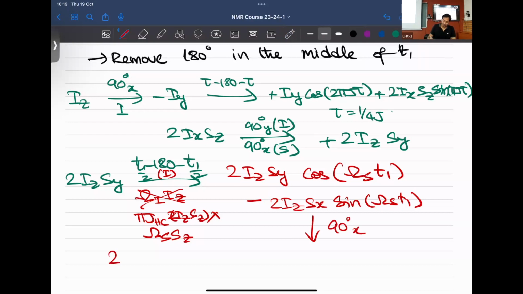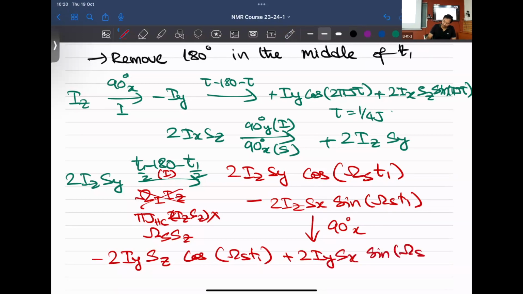The Z will become minus IY, and the 90x on SY will take it to SZ, with a plus cos omega S t1. Similarly, the 90x on Z, minus Z, is going to take it to plus 2IY SX sine omega S t1. Is that correct?